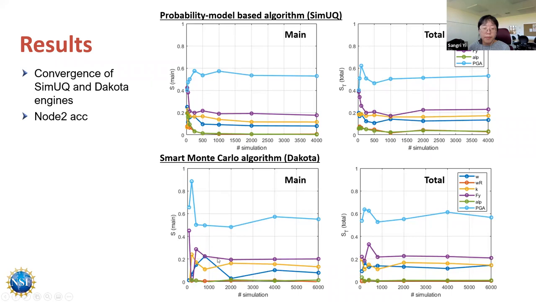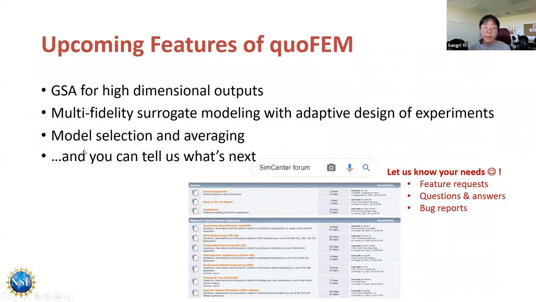But this smart Monte Carlo algorithm requires more iterations to identify the Sobol index values. So this almost concludes my presentation today.